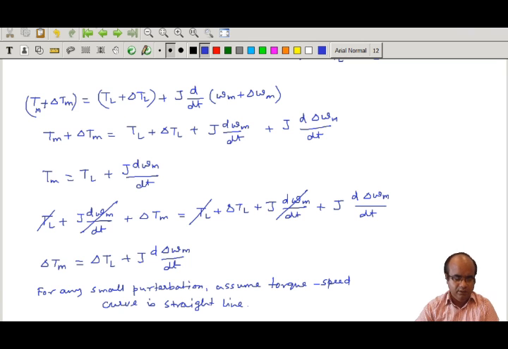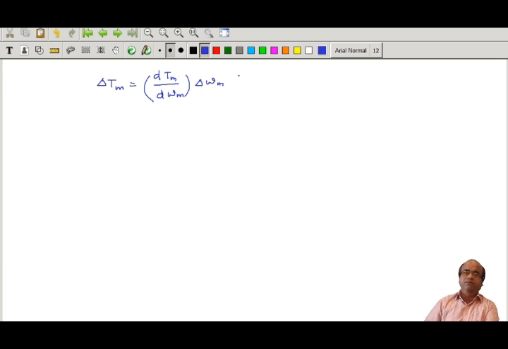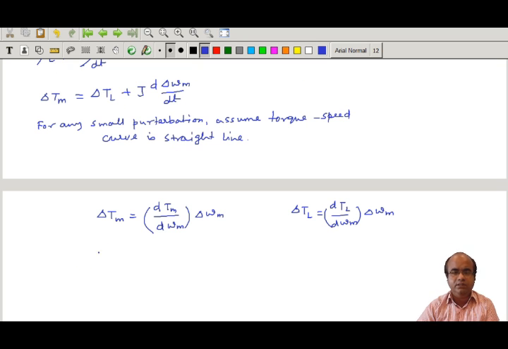We can then write delta Tm equals dTm by d omega m times delta omega m, and the same for the load, delta TL equals dTL by d omega m times delta omega m.